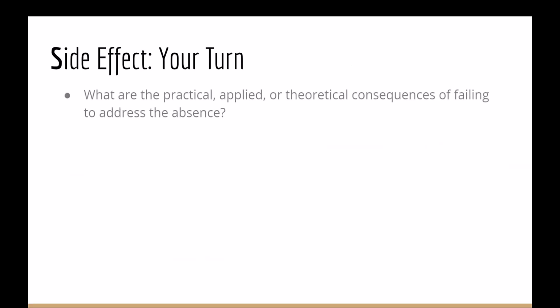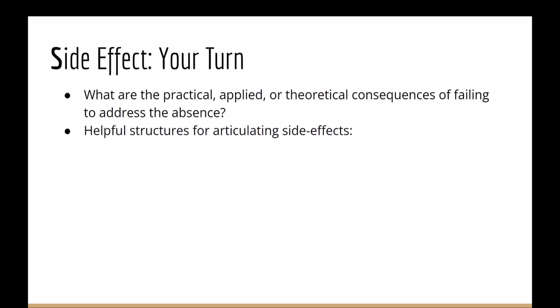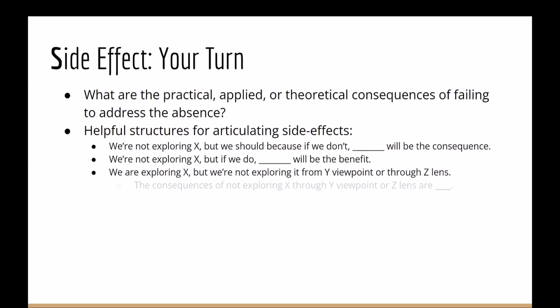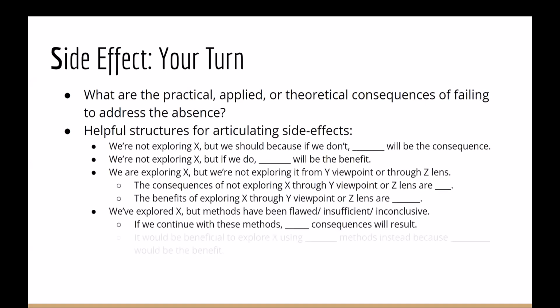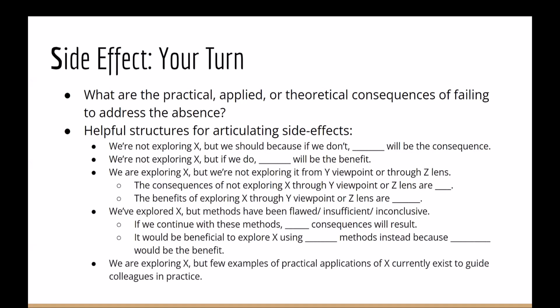So again, a couple of things to think about when you're articulating what's going to be problematic about not addressing this gap. What are going to be the practical, the applied, or theoretical consequences of failing to address the absence? And again, I've created for you a bunch of sentence starters that you can use to start generating some thoughts about the side effect as it relates to your particular proposal.